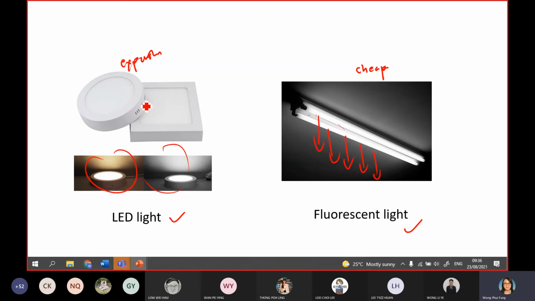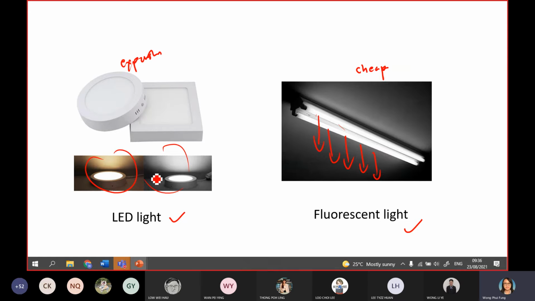So because of this LED light that lasts longer, then you don't need to replace so frequently. You save your job, you save the material cost. And on the other hand, because the LED light burn cooler, so you will feel more comfortable when you use LED light. When you feel comfortable, you don't need to on aircon.